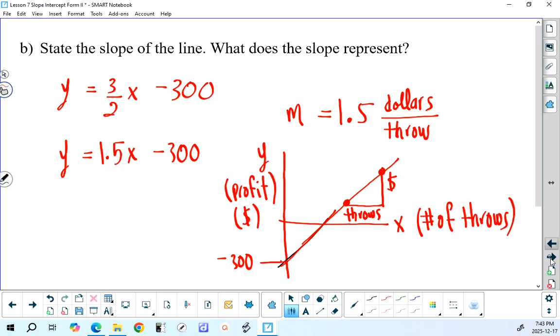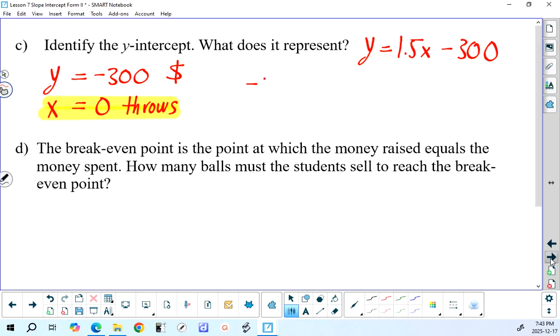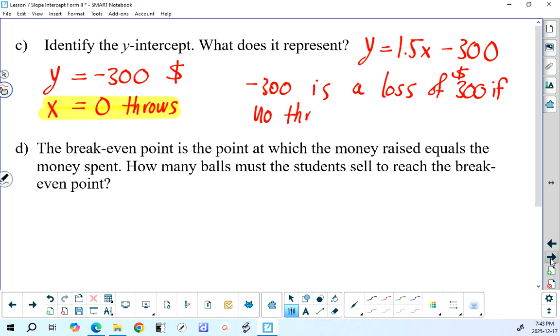In other words, negative 300 is a loss of $300 if no throws are sold. Really, when you think about it, the reason for that is the dunk tank probably cost $300 to rent.